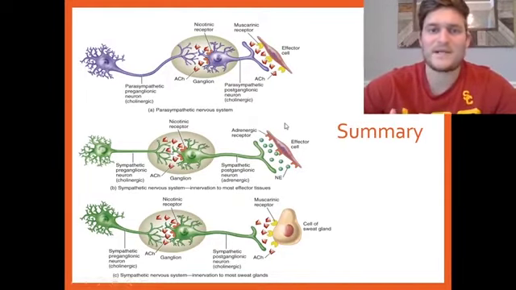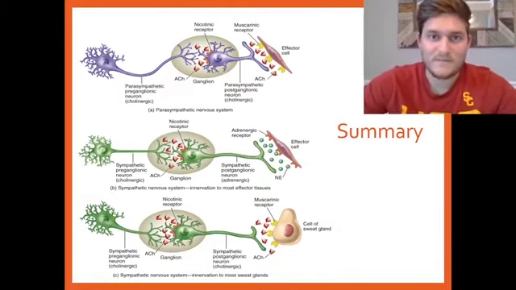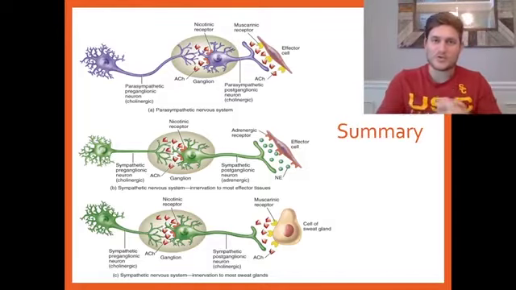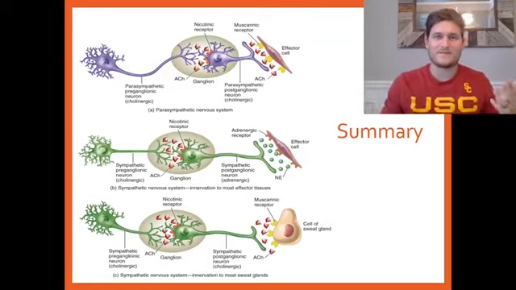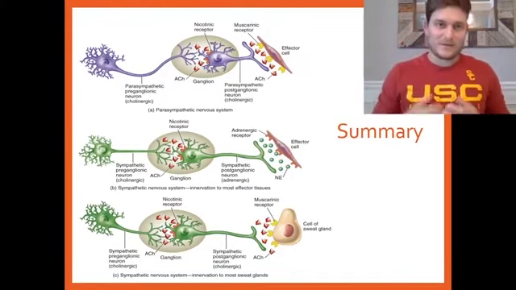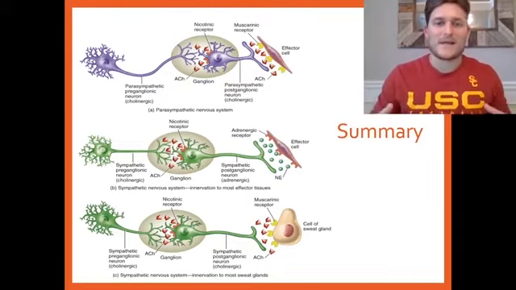But at a place like the blood vessels, the smooth muscle cells, that's going to lead to their activation and their constriction of blood vessels. So again, these neurotransmitters, these hormones, are going to have many different effects depending on where they are binding to.